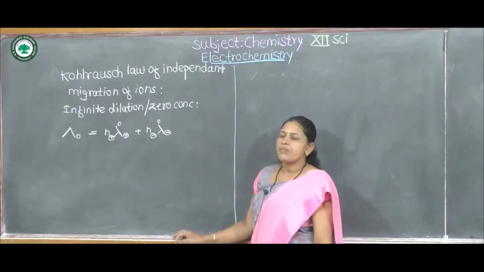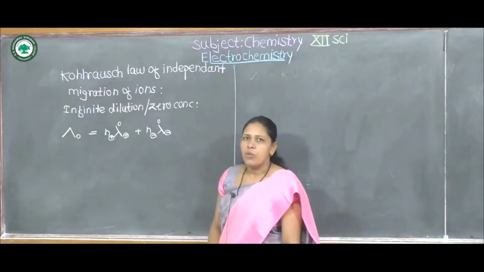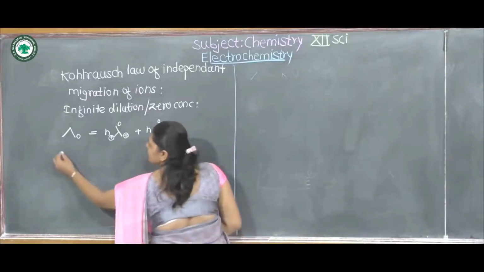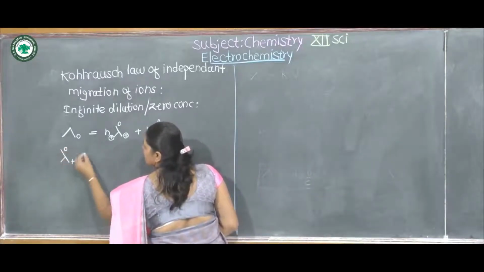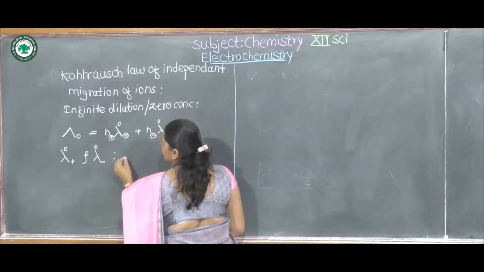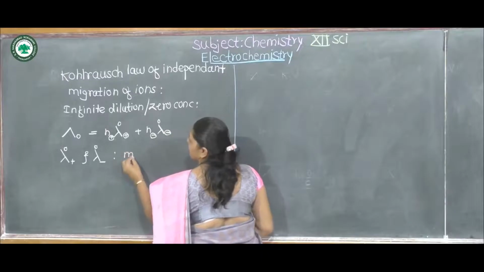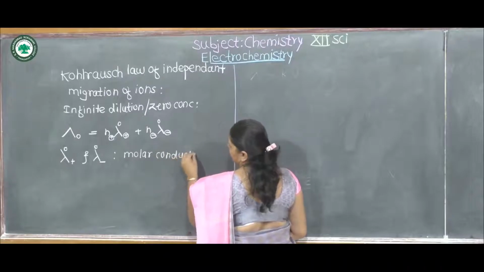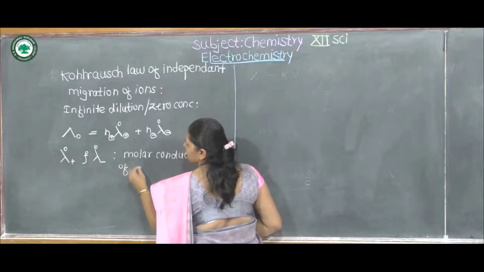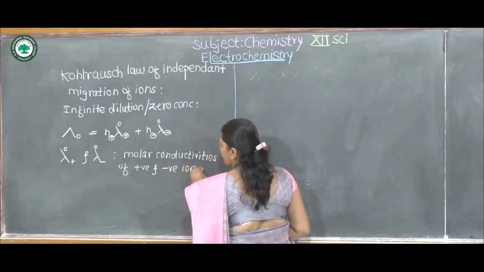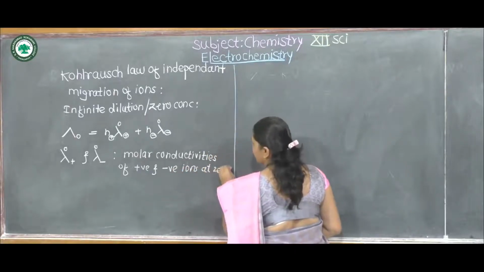In this equation, lambda 0 is the molar conductivity at infinite dilution, then lambda 0 plus and lambda 0 minus are the molar conductivities of positive and negative ions at zero concentration.